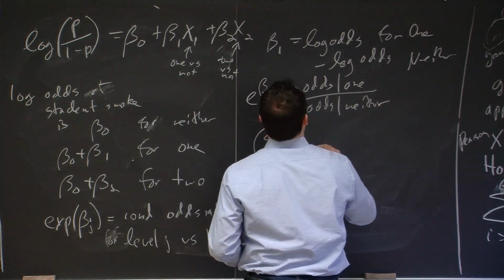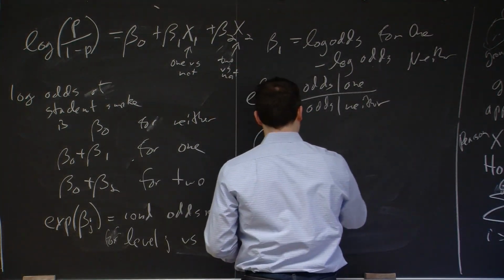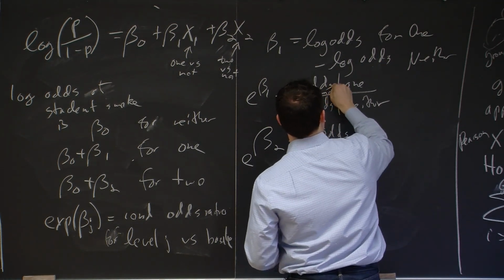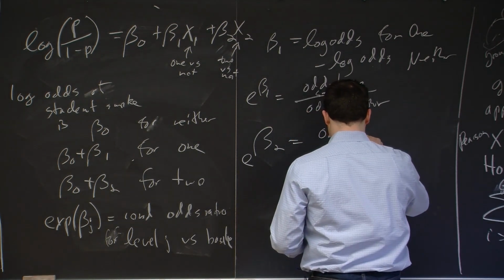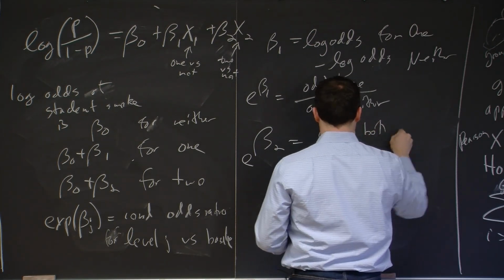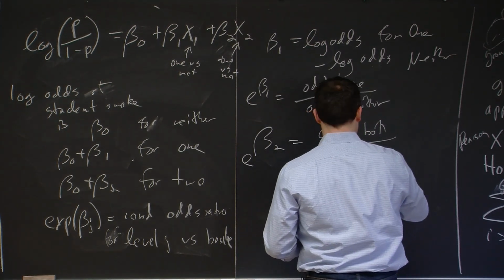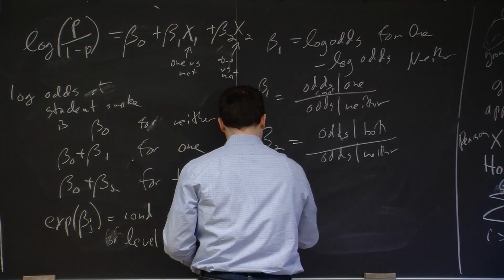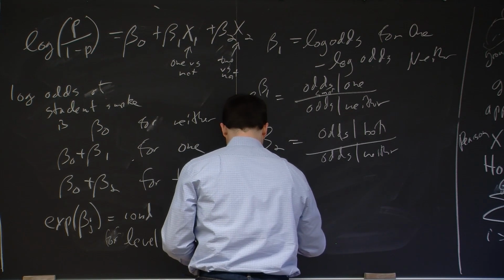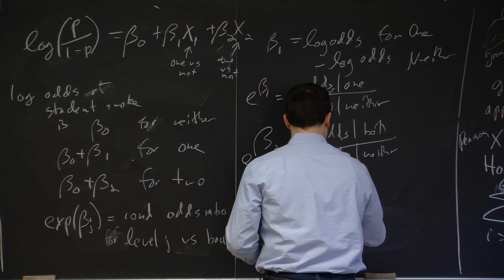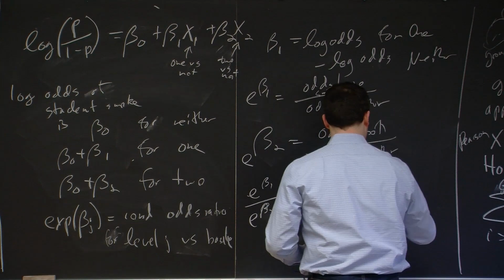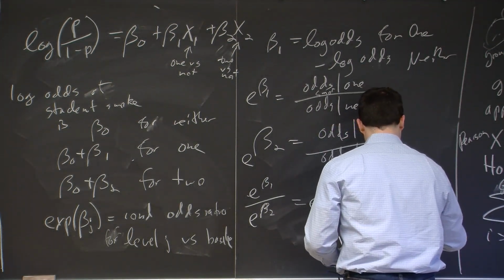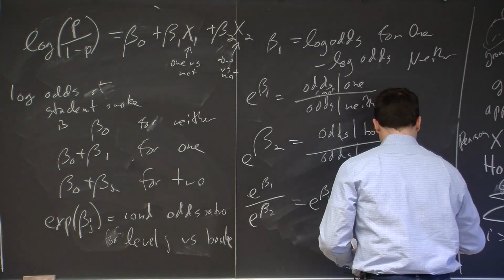Beta 2: e to the beta 2 is odds for smoking given both divided by odds given neither, and e to the beta 1 over e to the beta 2 is e to the beta 1 minus beta 2, equals odds given 1 over odds given both.